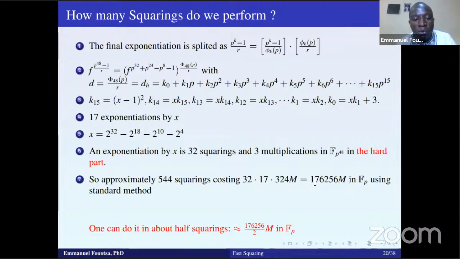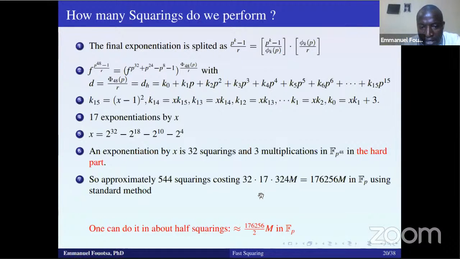Good. So this shows that when computing pairings on pairing-friendly elliptic curves, the final exponentiation step involves lots of squarings. So it's important to look at methods to expedite those computations.